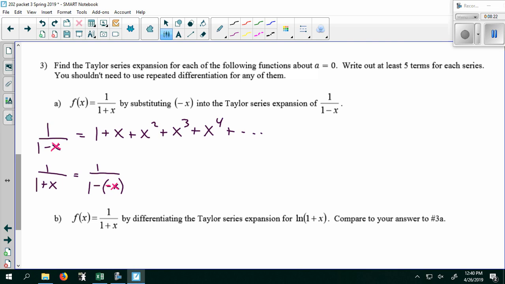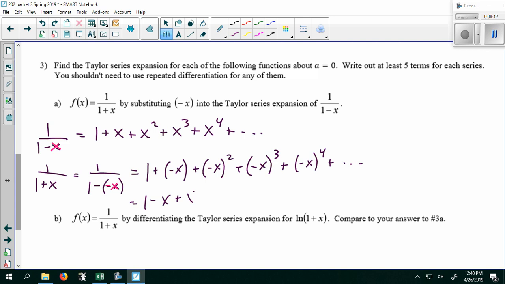So I'm going to look at my series for 1 over 1 minus x and replace every x with a negative x. So I have 1 plus negative x plus negative x squared plus negative x cubed plus negative x to the 4th plus dot, dot, dot. And that comes out to 1 minus x plus x squared minus x cubed plus x to the 4th minus dot, dot, dot.